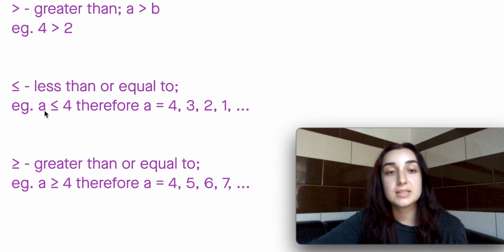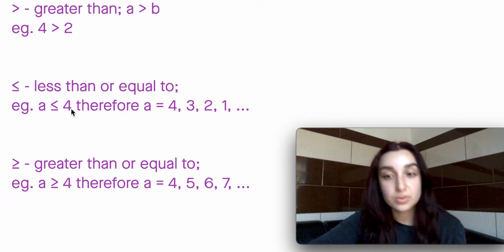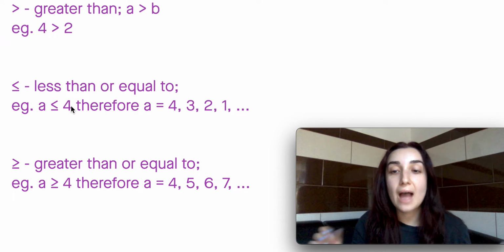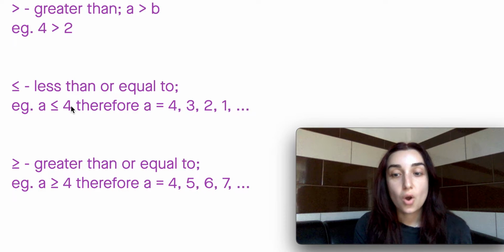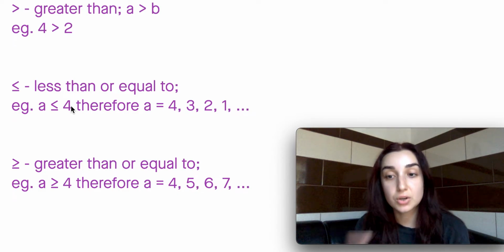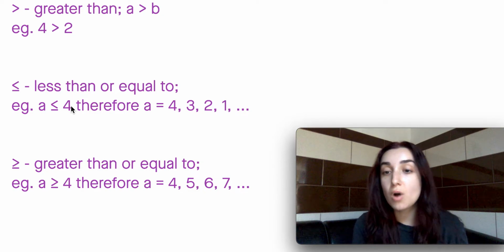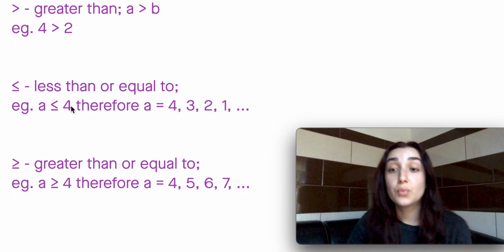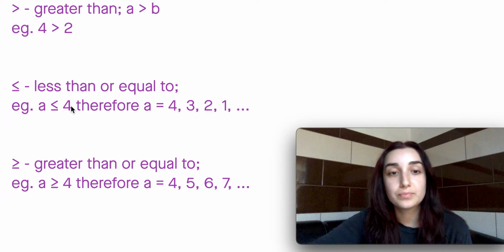For example, we can say A is less than or equal to 4. That means that we have a range of numbers that are less than or equal to 4. So they can be less than 4, but they also have to include 4. Therefore, A can be 4, 3, 2, 1, 0, and so on, the negative numbers, for example.